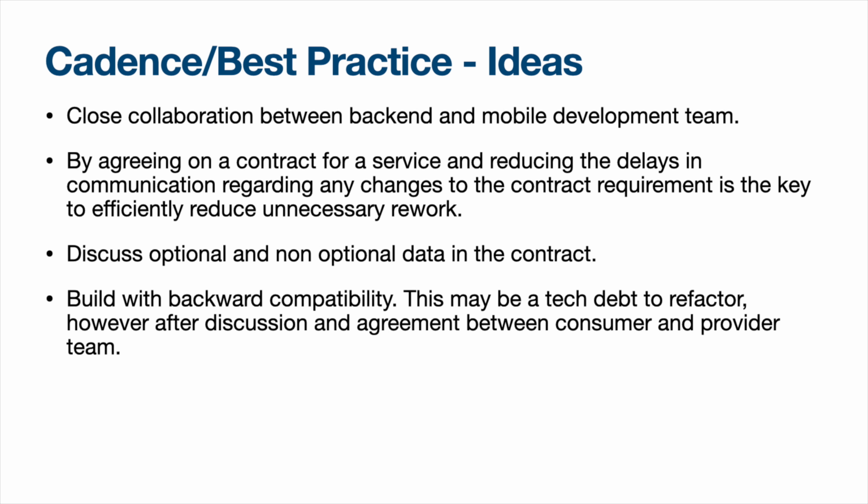Now, in either of these cases, maintaining the existing contract and adding on top of it rather than deleting anything would be a better strategy. This might feel redundant, but the point is that at least for some point of time, let's say during the release time, this should give a leverage of time to the consumer to refactor it later.